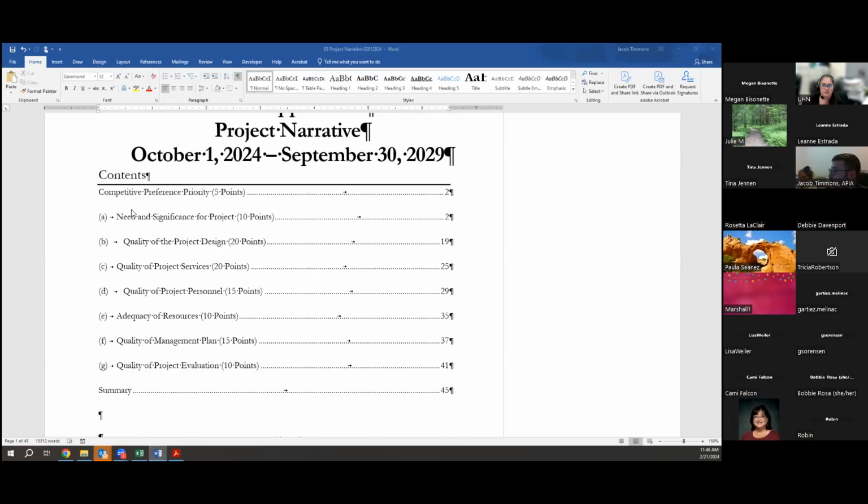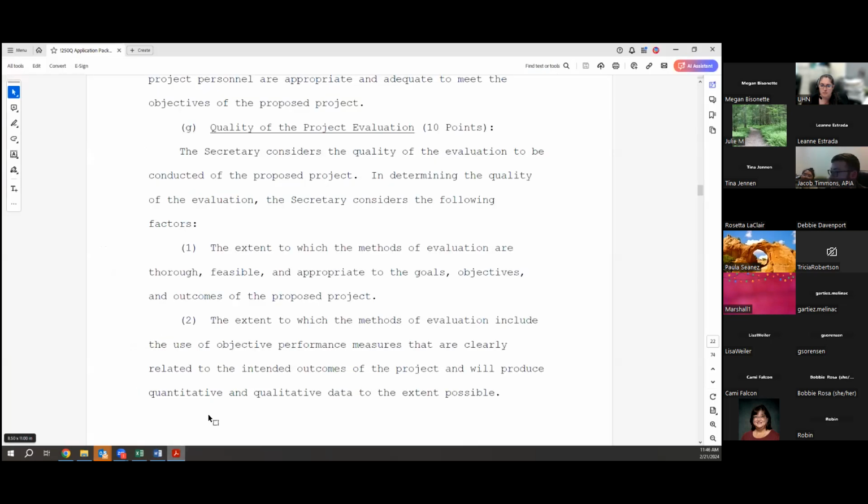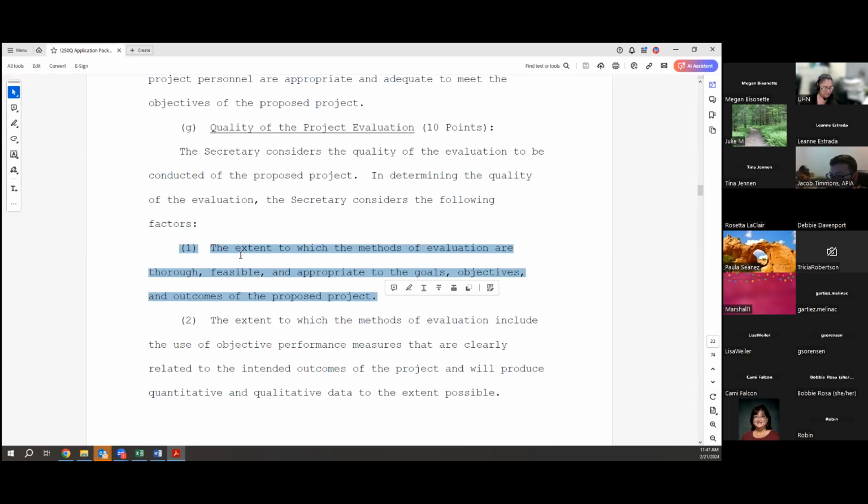Lenore, do you know if any of these changed from 5 years ago? The sections, are they all the same? I don't believe so. I think they are still significantly the same. In the past, need and significance were two separate, and those were joined together a number of years ago.